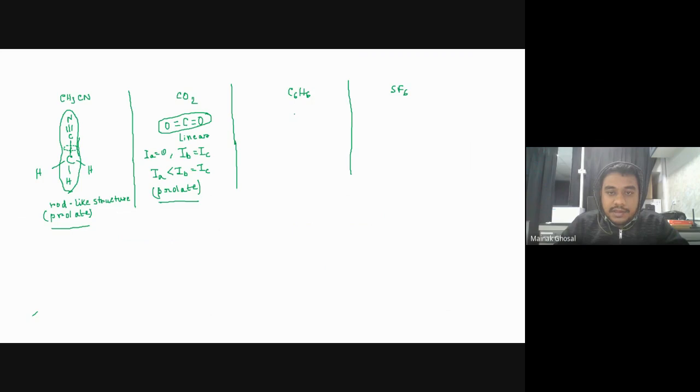Now for C6H6. What is this? Every chemistry student knows benzene, right? You can see from the structure of benzene, benzene is disc-like. So for benzene, if you calculate IA, IB, and IC, you will see the relation like this.